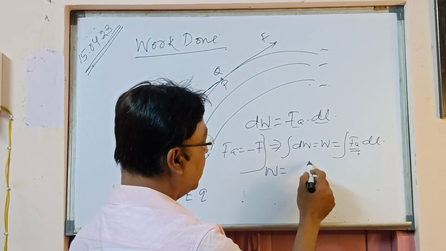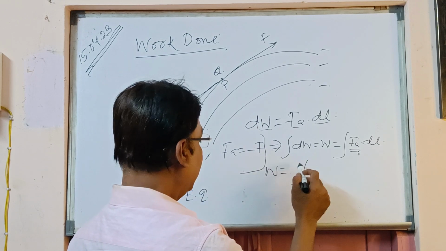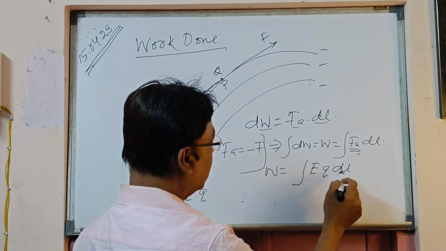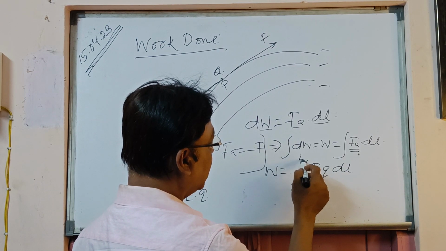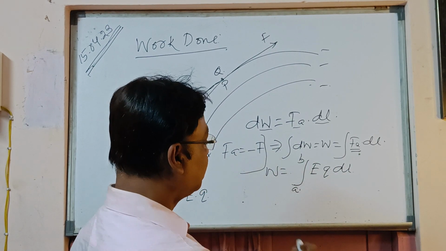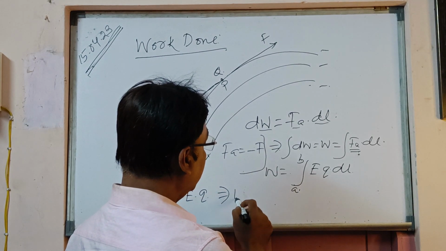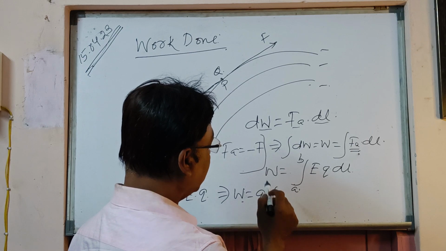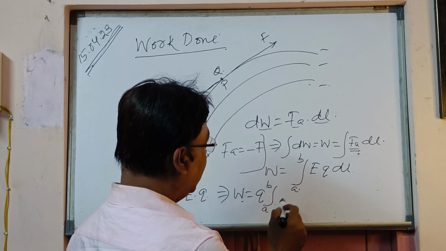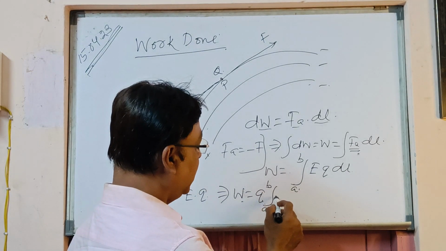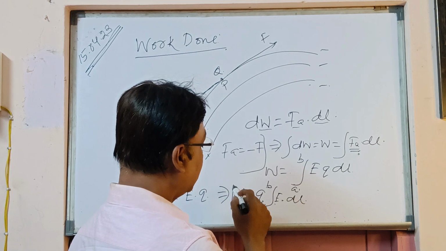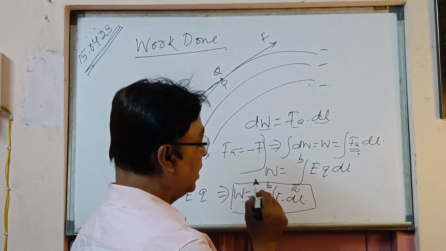So instead of F we can write E into Q, so it is E Q·dl, moved from A to B. This gives W is equal to, Q being a scalar constant that can be taken out, Q times the integral from A to B of E·dl. So this is the expression of electrical work done.